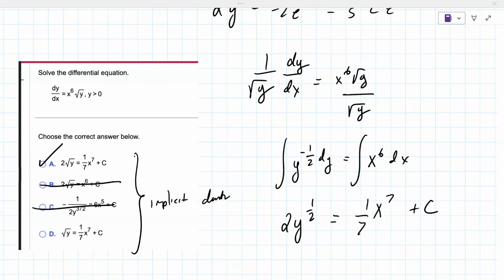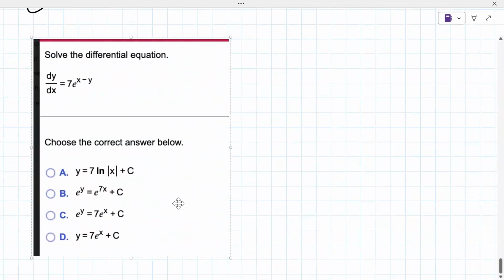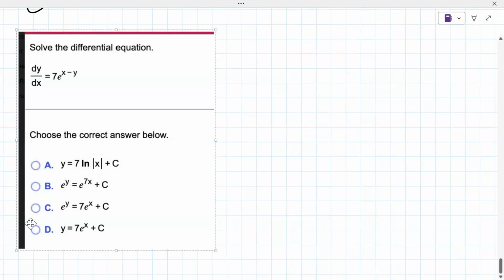Okay. So this is 21, number 22. Solve the differential equation, kind of like we've been doing here.